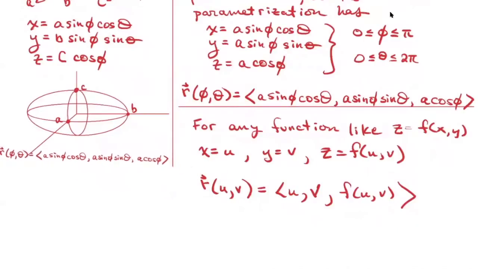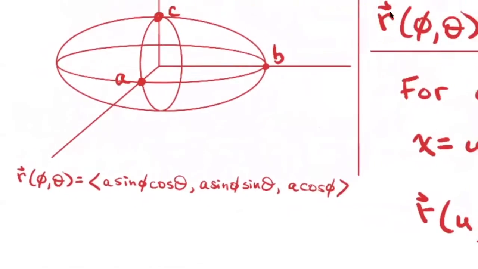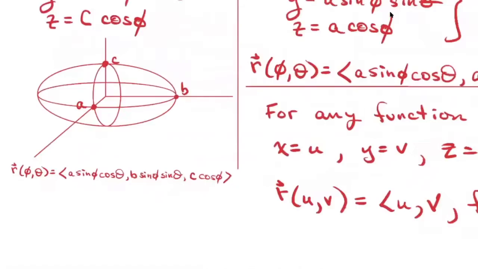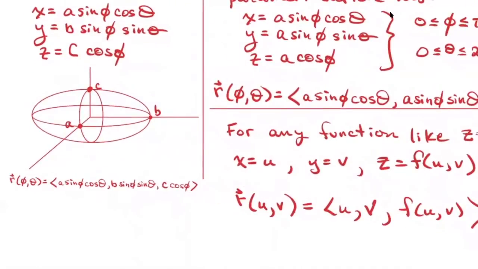Similar to the ellipsoid, which I'll zoom in on here. Obviously, the y coordinate needs a b, and the z coordinate needs a c. And so that's the vector function for an ellipsoid.